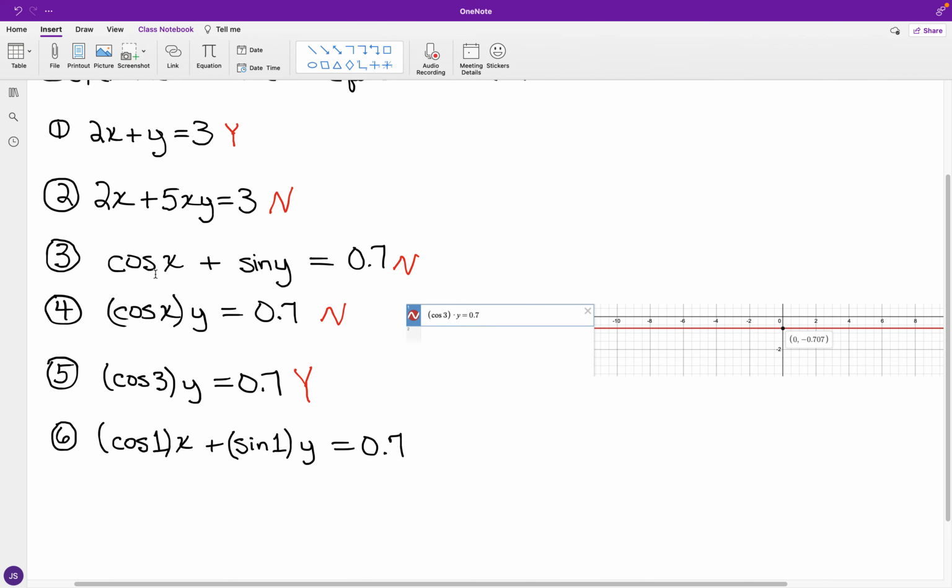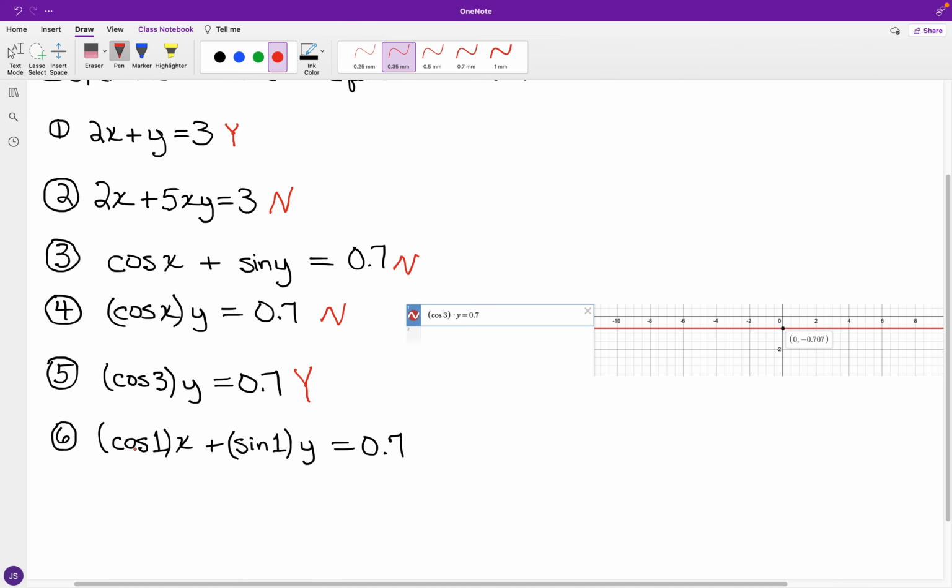And now, while the cosine of x plus the sine of y is equal to 0.7 is nonlinear, let's say I had the cosine of 1 radian times x plus the sine of 1 radian times y is equal to 0.7. Upon first glance, equations 3 and 6 appear to be the same, but the cosine of 1x is not the same as x times the cosine of 1 radian, nor is the sine of 1y the same as y times the sine of 1 radian.